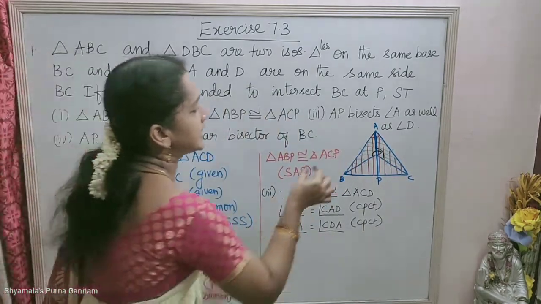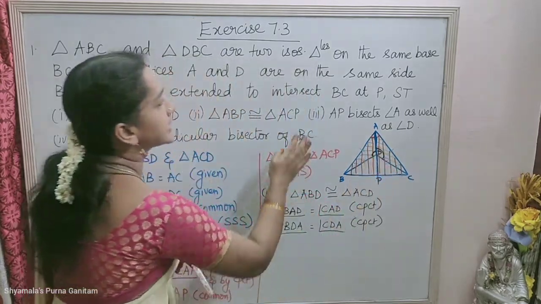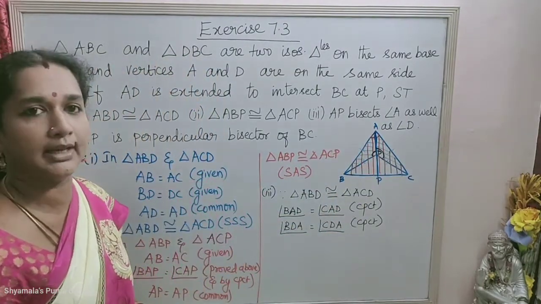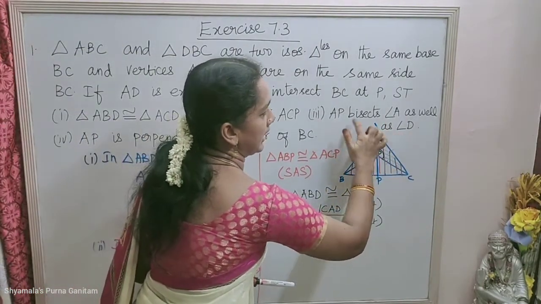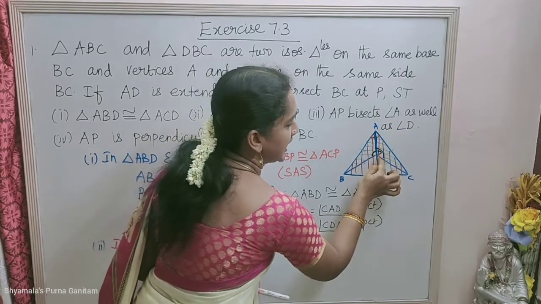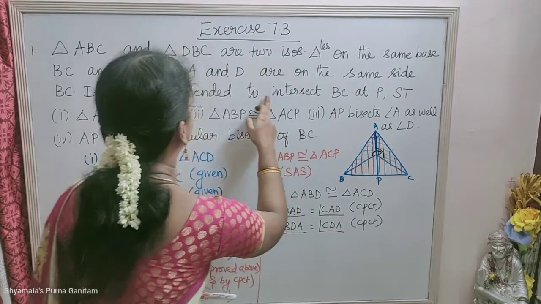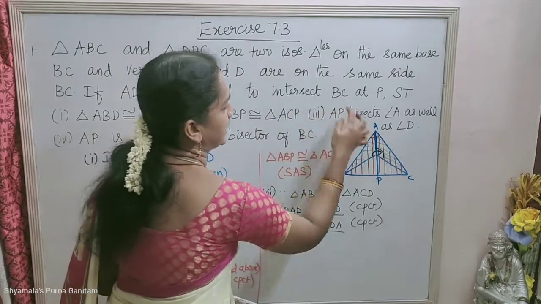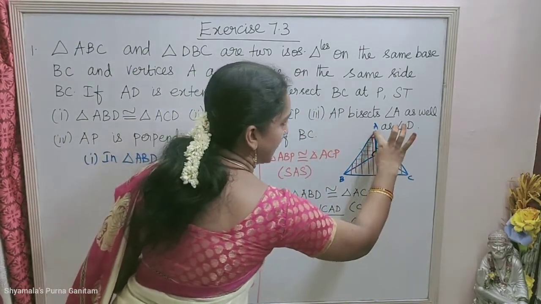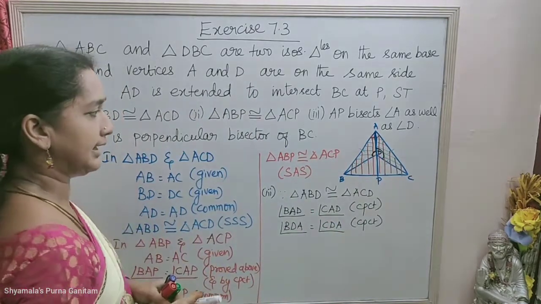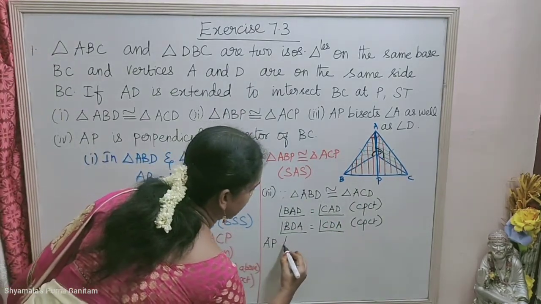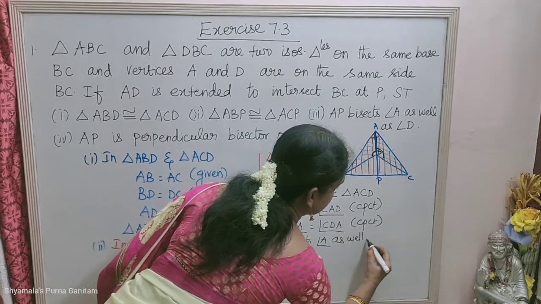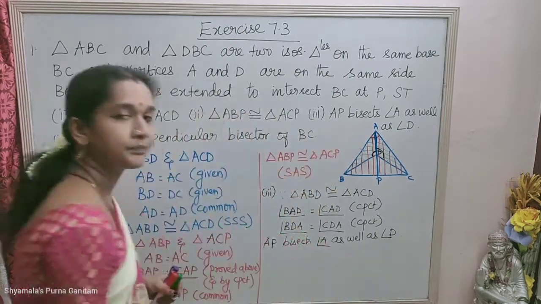Since both these angles are equal on both sides, it is clearly understood that AP bisects angle A as well as angle D. We are only extending AD to P; it is given that AD is extended to intersect BC at P. Okay, clear?